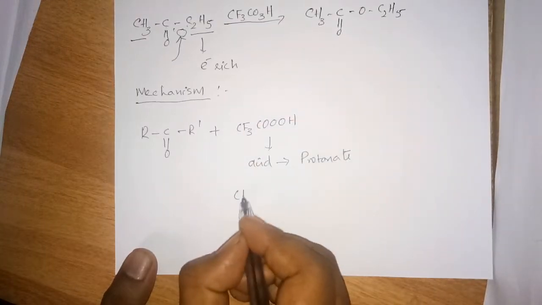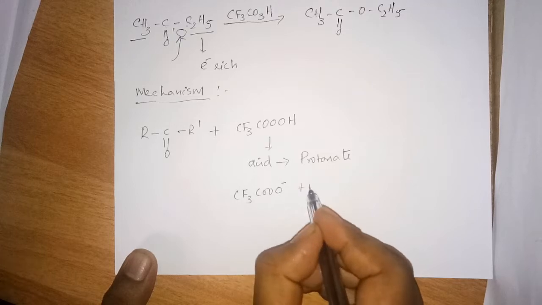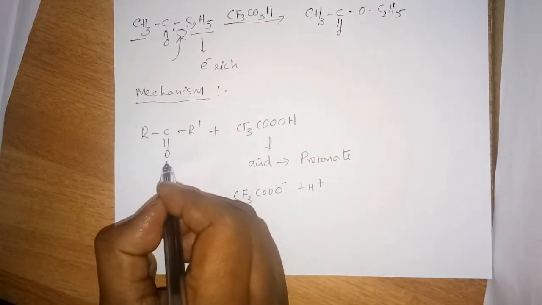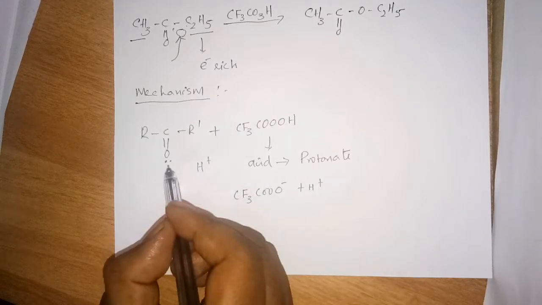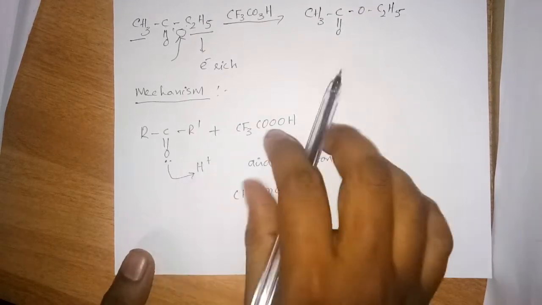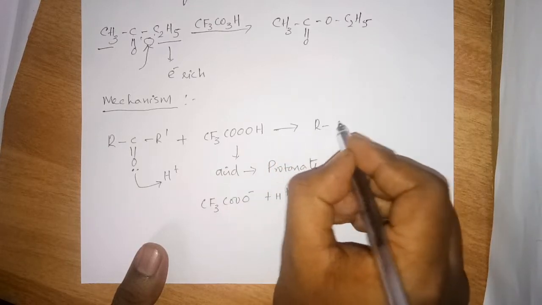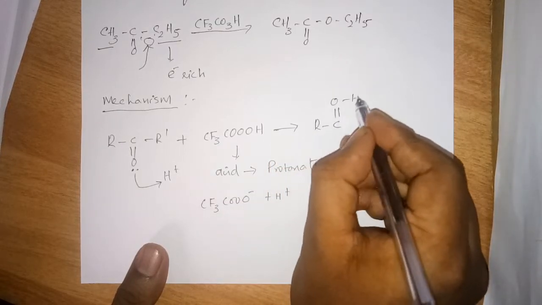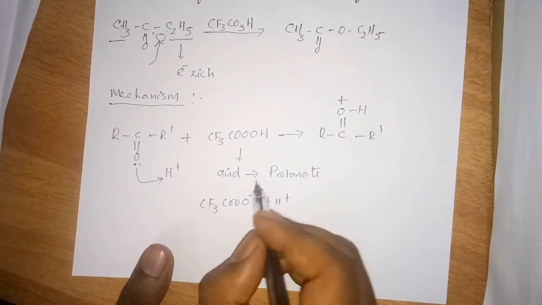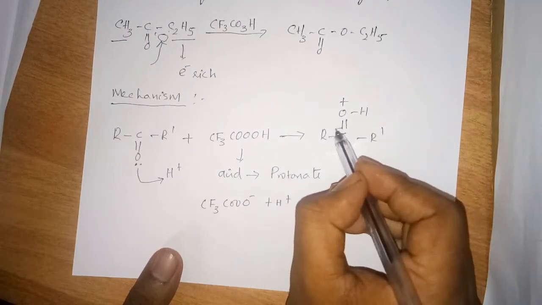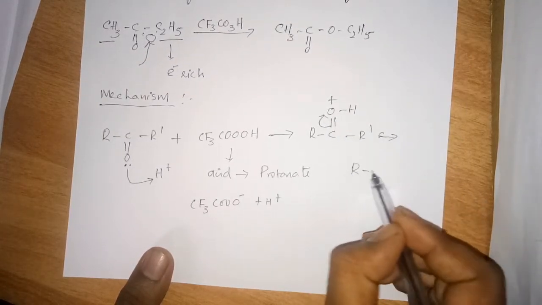So this acid ionizes into minus and H plus, and the carbonyl has a lone pair of electrons. This lone pair takes this H plus, and the carbonyl group is protonated. Now the protonated carbonyl group contains a positive charge, and the pi electrons shift toward it in resonance.